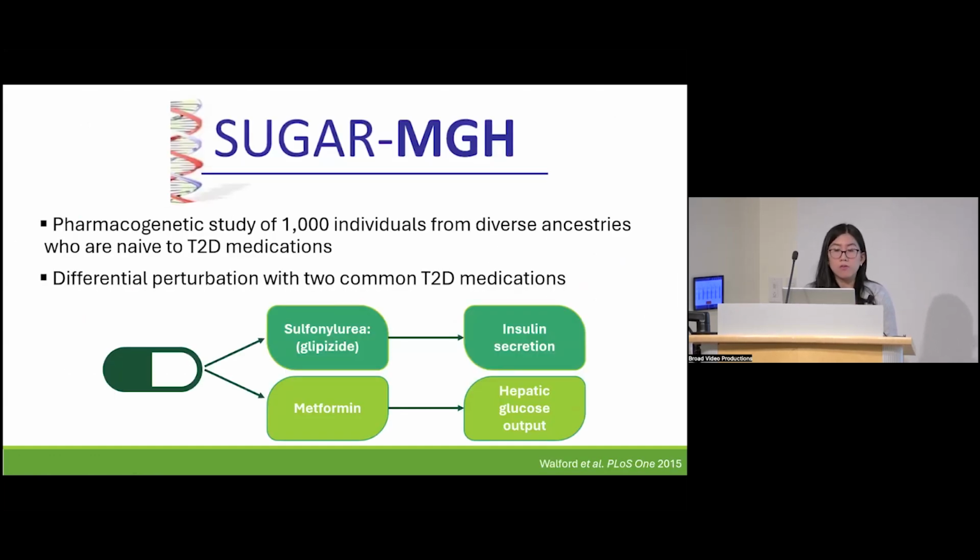Another example of pharmacogenetics studies that our group has done is with respect to drug perturbation studies. This is SUGAR-MGH, a pharmacogenetics study of 1,000 individuals from diverse ancestries who have not had an exposure to diabetes medications. We gave these individuals drug challenges, first with a sulfonylurea, where the mechanism of action is to potentiate insulin secretion, followed by a couple of days of metformin treatment, which perturbs hepatic glucose output.